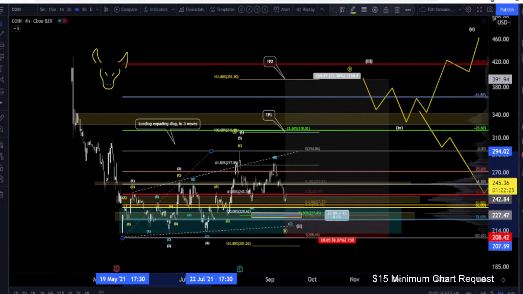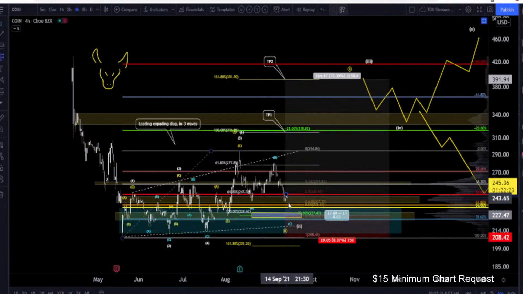Now, what's interesting here is that you're going to have to make the anticipation for the buy down here that's going to break the golden zone. That's the assumption. Now, you'd have to be careful about that because if this is going to end with a little, see, where 5 is shorter than 3 and 3 is shorter than 1, it's hard to tell. It looks like 3 would be longer. So you might get a little push down here that would give you the 5.